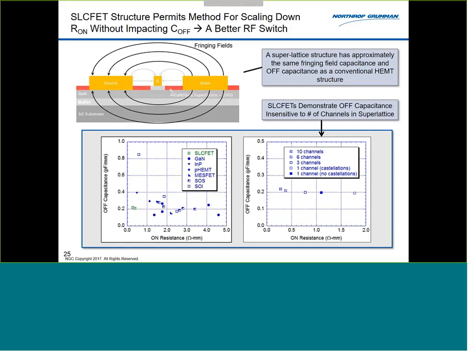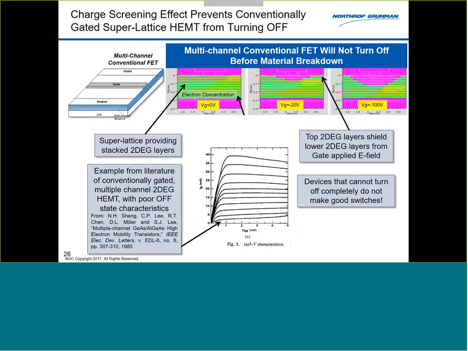Now when I etch and add super-lattices, I'm getting the same kind of off capacitance. But of course, my on resistance is changing dramatically as I put in my super-lattice. And I need to have that etching with that 3-dimensional gate, because if all I did was a super-lattice, the device would never work.